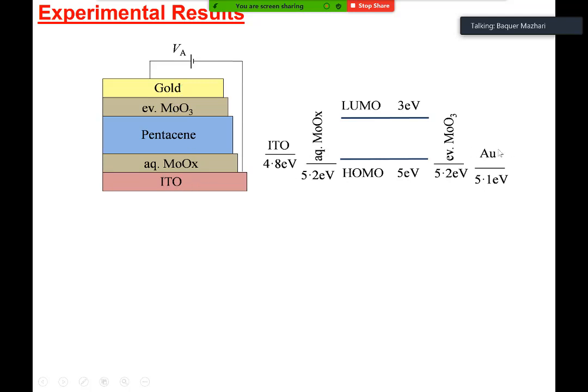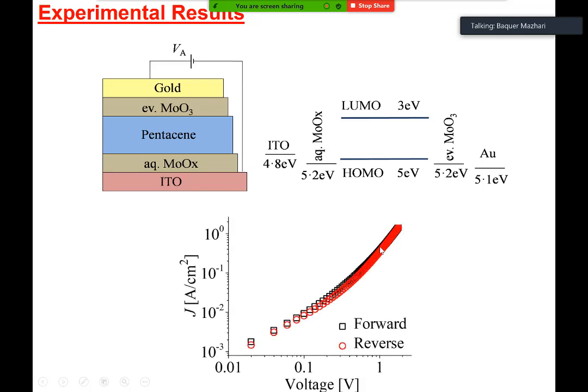So this is like an ideal energy diagram. When we measure its IV characteristics, both forward and reverse, we see that they are not exactly the same, but they're very close to each other. We expect a little bit of asymmetry in the forward and reverse characteristics, but it's a device with good injection of holes from both sides.